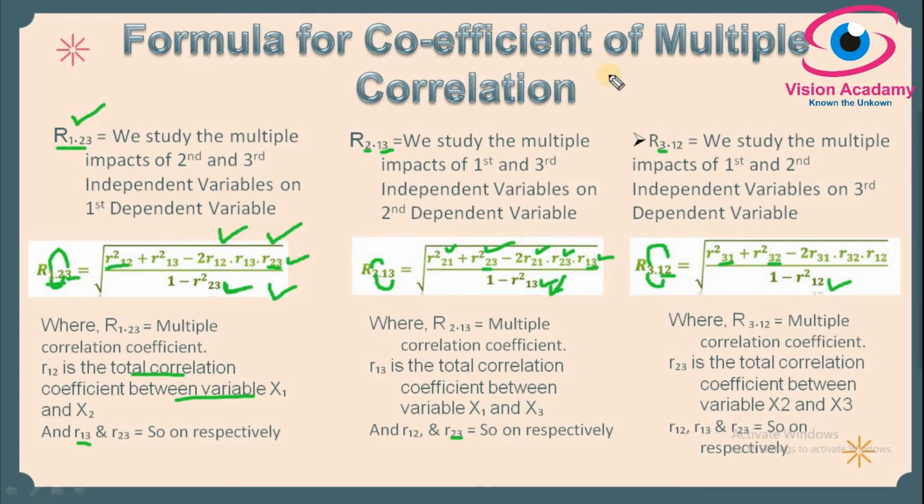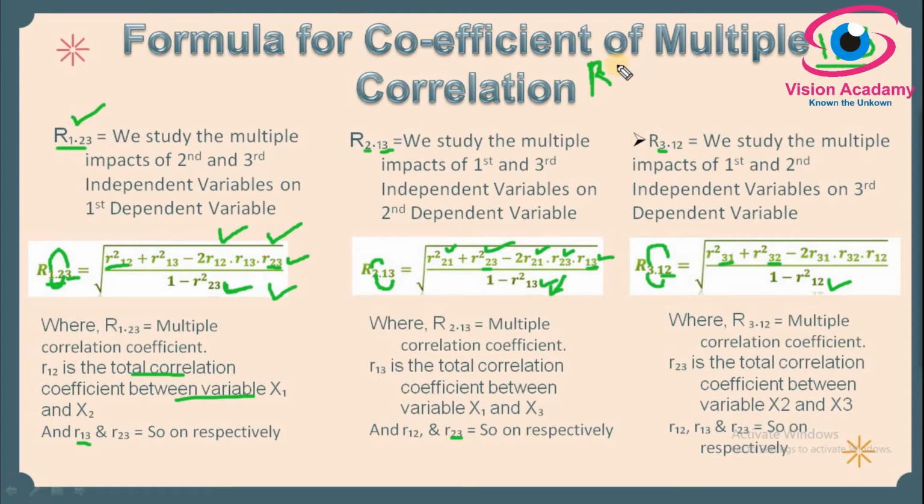And one more thing, we are using notation like R1.23. In case of multiple correlation coefficient, we have 1, 2, 3, which means three variables, and I will tell you how to formulate that, with three options. Firstly, let us take all three elements.